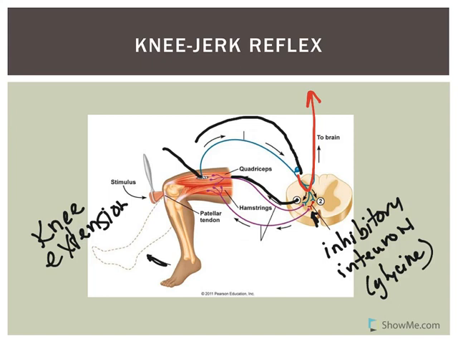Now this is often used clinically to evaluate functioning of the spinal cord, the lumbar spinal cord, because this is where it's going to be processed. If you have problems with the femoral nerve, the dorsal root ganglion or the ventral root, that could affect your knee jerk reflex because all of those parts are involved in this particular reflex.